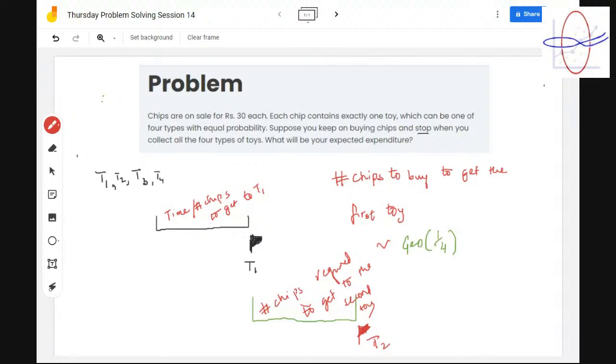Tell me, what will you do over here? Any ideas, guys? You see, you will not buy 16 chips, you will buy 8 chips. You will do it in half the time, you understand? Much less.